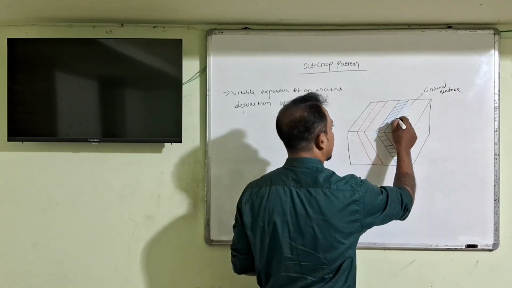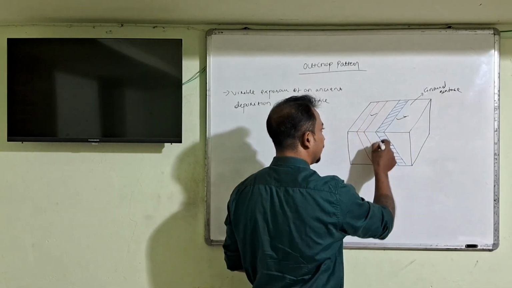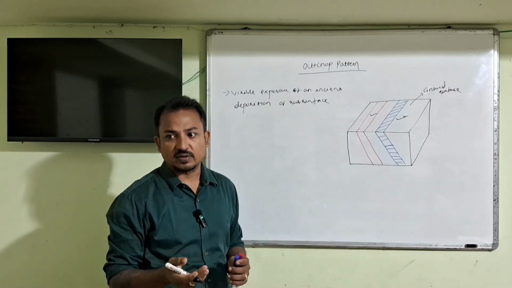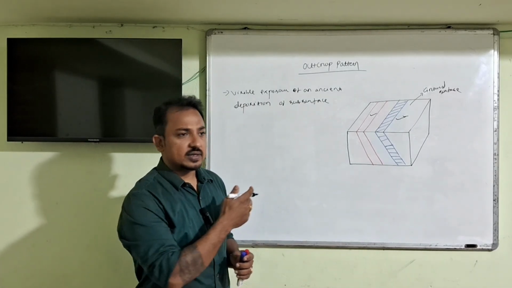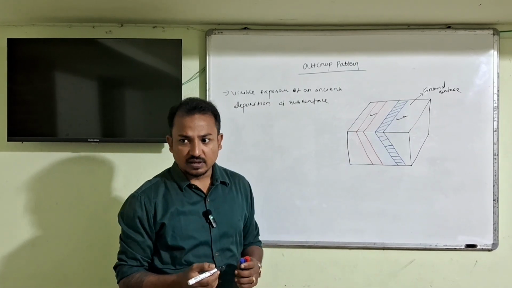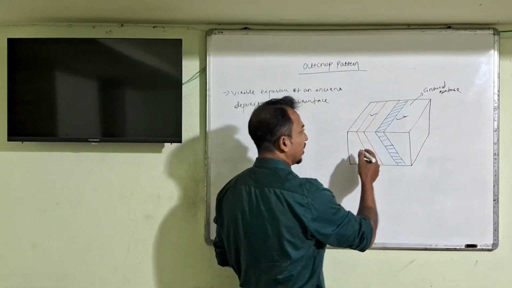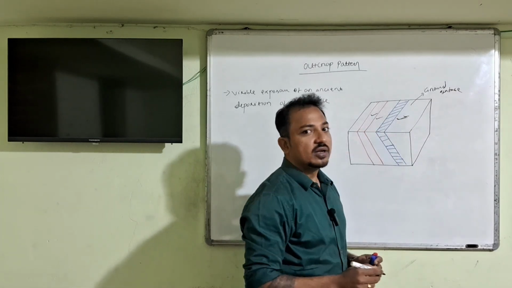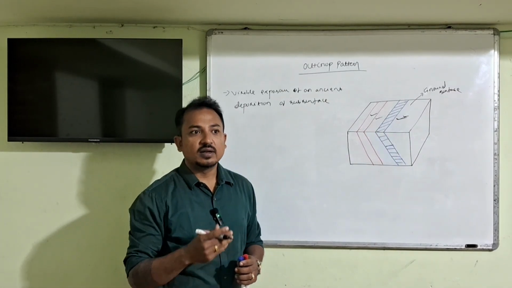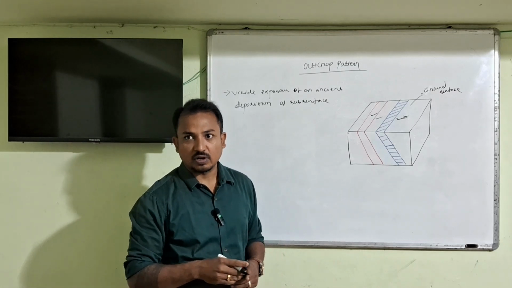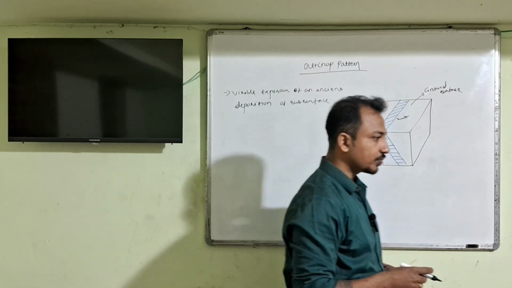So from this exposure, we can also define various properties of the bed, like the dipping direction, and the visible exposure, if it is on a horizontal ground, will be the strike. So all things you can determine from here. But this exposure is simply cropped out after erosion.